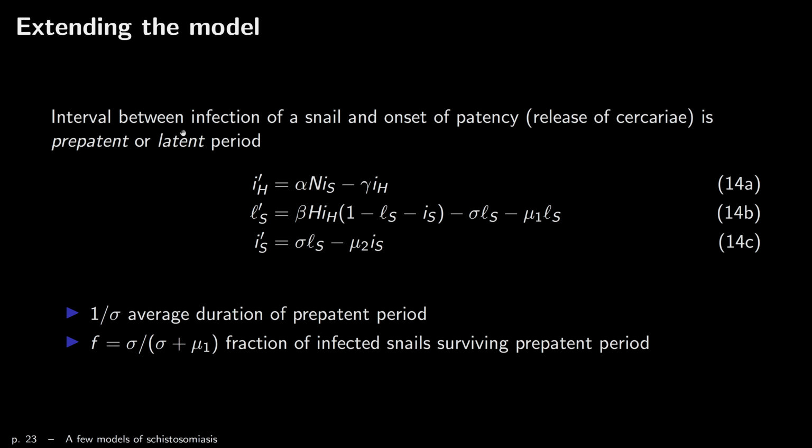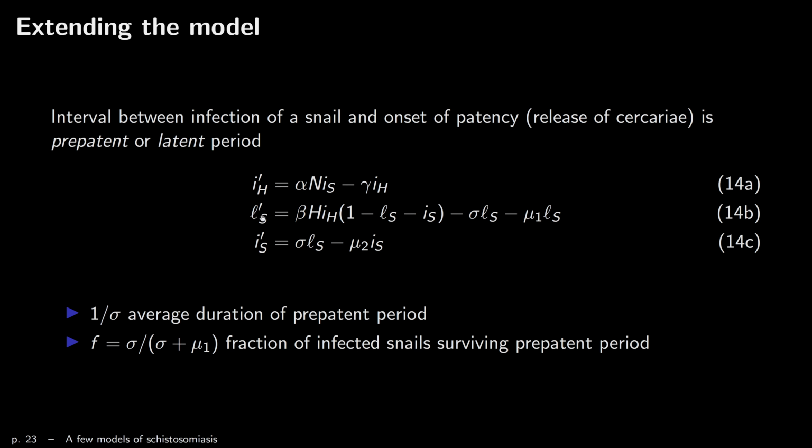Usually, between the time a snail is infected and the time when it starts to release the cercariae, there's a period, and that is called the pre-patent or latent period. And so what he does here is introduce this latent period.